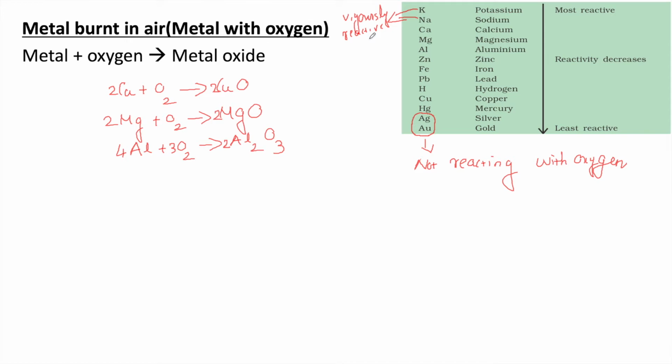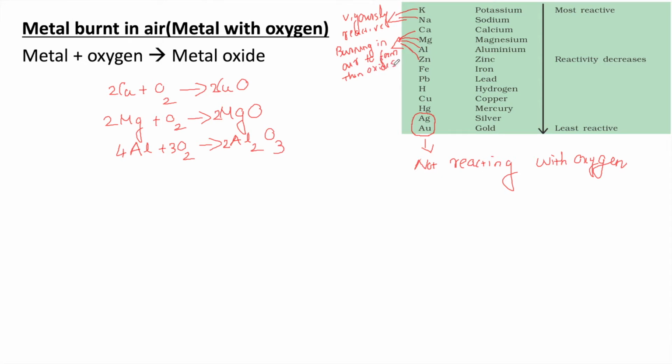That's why sodium and potassium are kept immersed in kerosene to avoid catching fire. Then the next metals, calcium, magnesium, aluminium, zinc, are also highly reactive but not vigorously reactive like catching fire. But anyway, these also burn in air to form thin oxides.